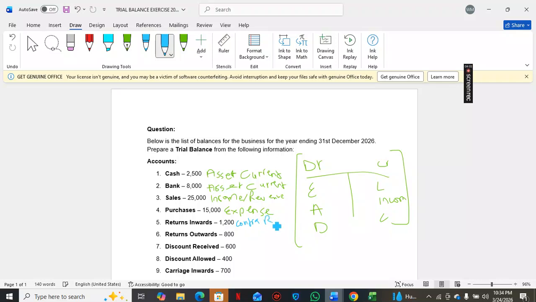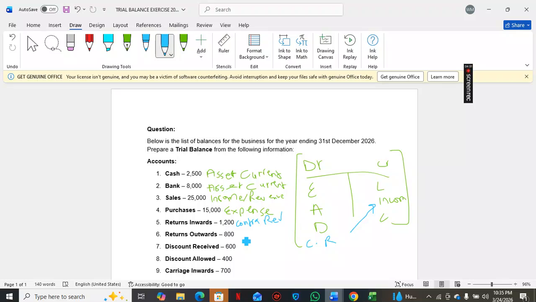Okay. So which side should it be on this diagram of ours? Should it be under debit or credit side? Debit. Yes. Contra revenue comes here. It reduces your revenue. Okay.